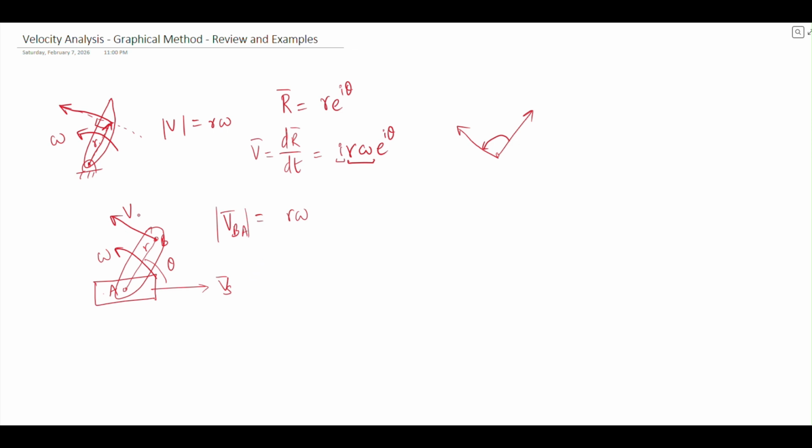whereas, this is VB with respect to A. The absolute velocity of the point B with respect to a global origin has to be calculated in the following way.